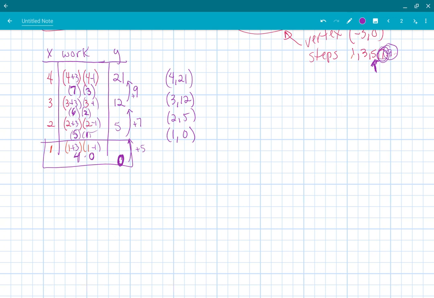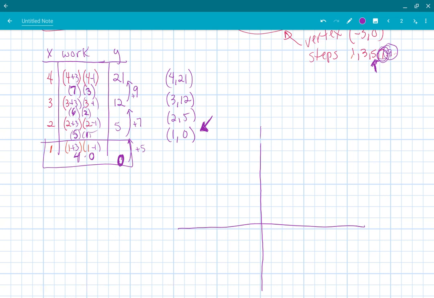What is this point called? Is it called y-intercept or x-intercept? Let's find out. We're gonna graph it. Okay. So let's make a little graph over here. All right. And I'm gonna plot these points. (4, 21) is too hard to graph.